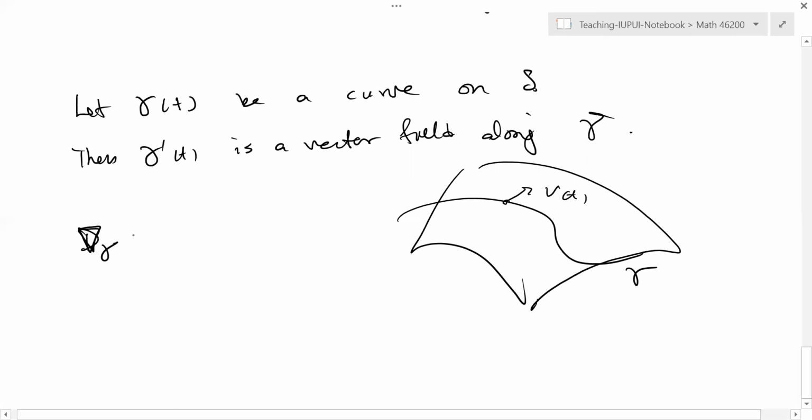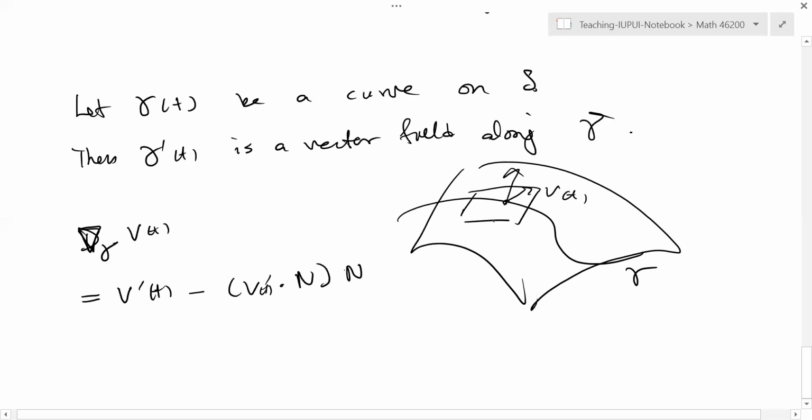So gamma, a vector field, this is defined to be the derivative, and the projection onto the tangent plane.